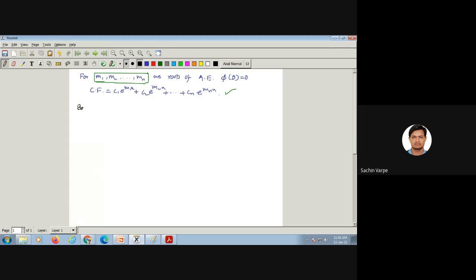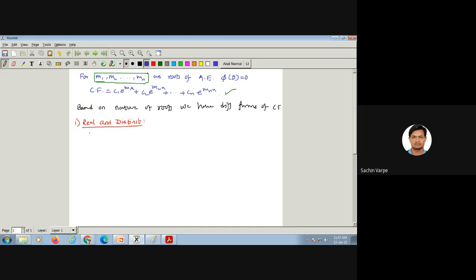I'm writing here based on nature of roots, we have different forms of complementary function. Okay. So the first nature is if roots are real and distinct. Real and distinct means the roots are not repeated and are real.